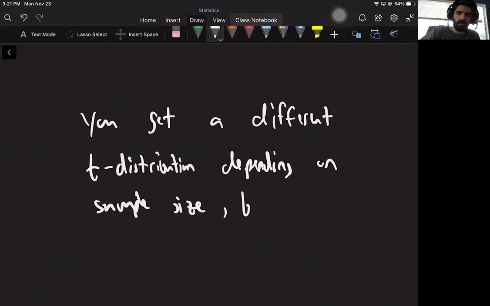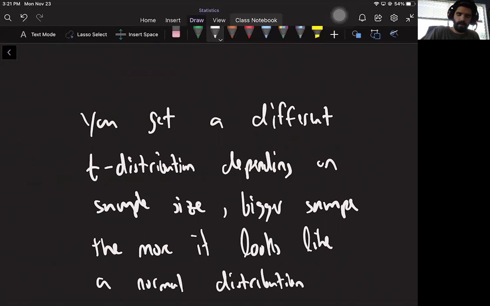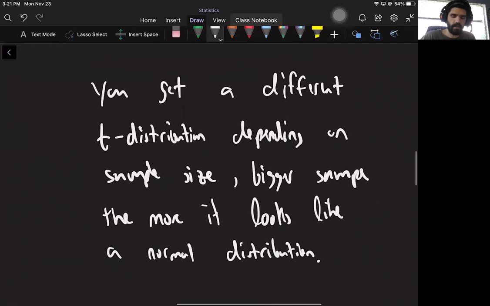And the bigger the sample, the more it looks like a normal distribution.